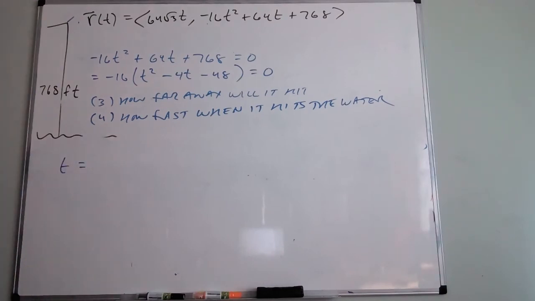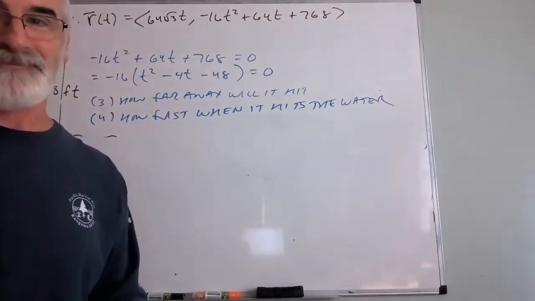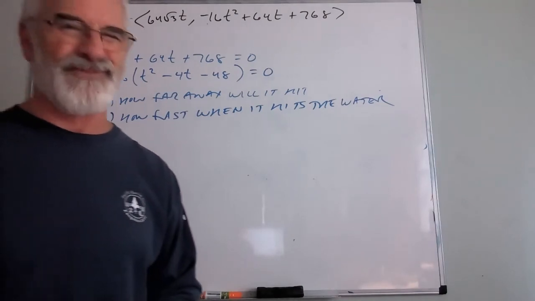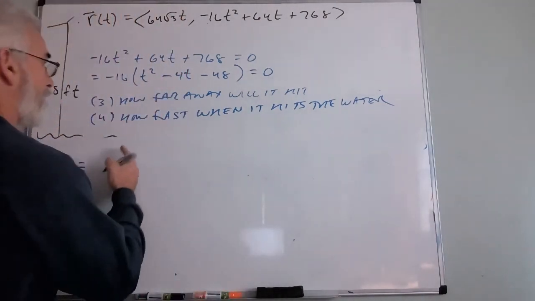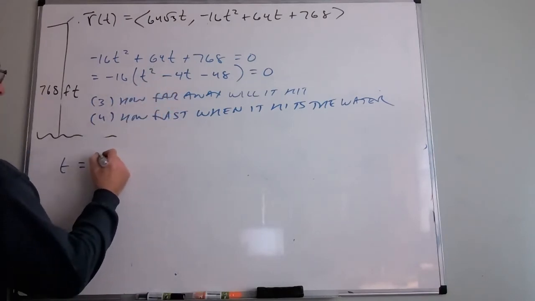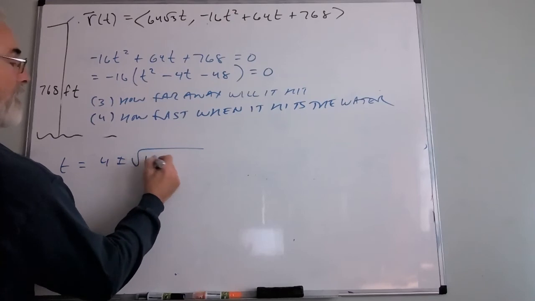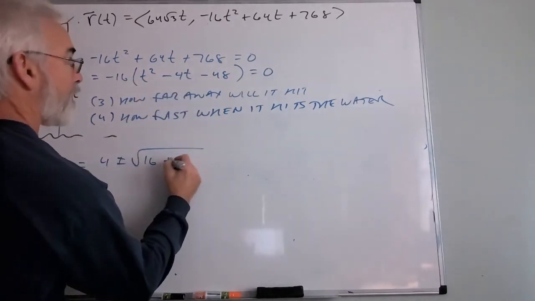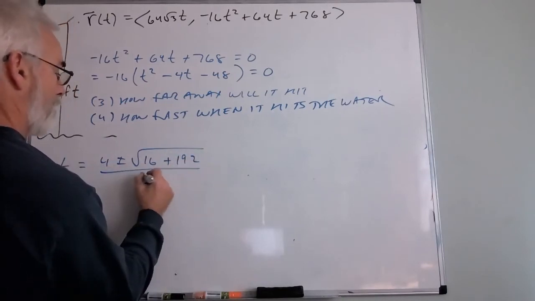Now in real life, when I ask this question, I tend to give you really happy numbers, and everything comes out integer values. In reality, it's probably not going to be the case. Irrational probably is more logical. So use my quadratic formula: 4 plus or minus the square root of b squared minus 4 times 1 times negative 48, so it'd be plus 192, all over 2.